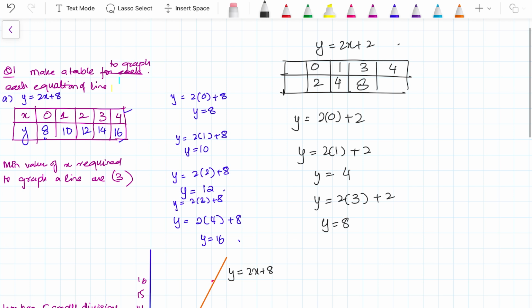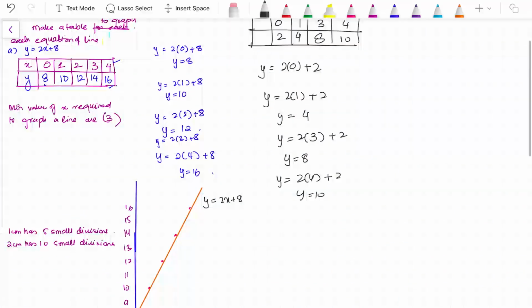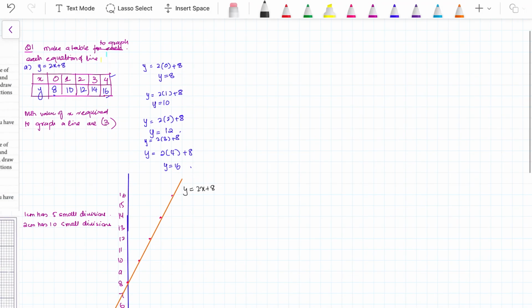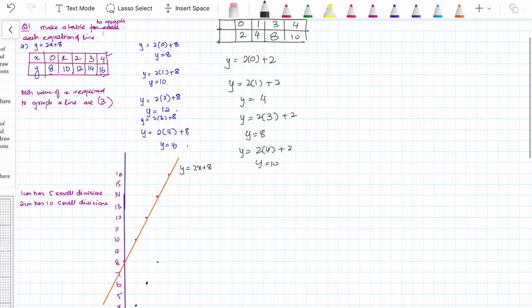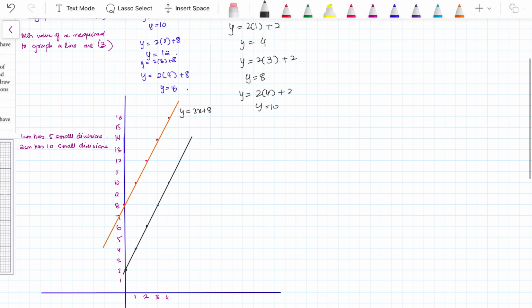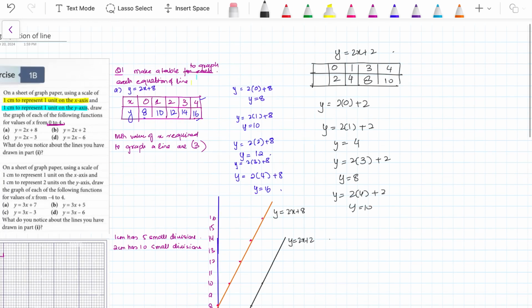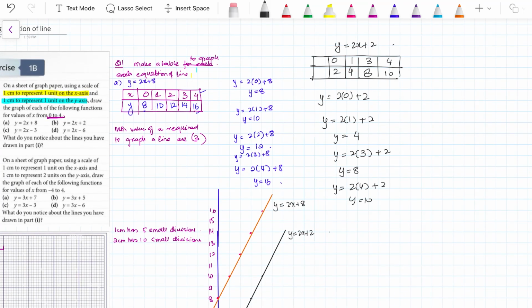At 0 it's a 2, at 1 it's a 4, at 2 it's a 6, at 3 it's an 8, and at 4 it's a 10. So let's draw this line. This is y equals 2x plus 2. Let's do the third line: y equals 2x minus 3.